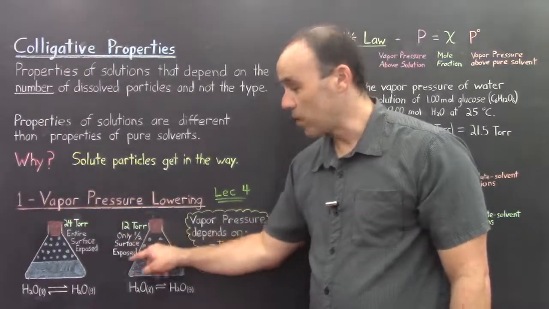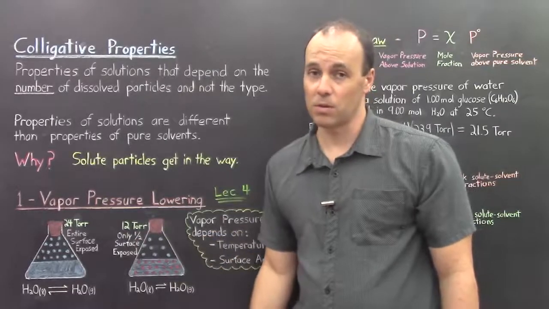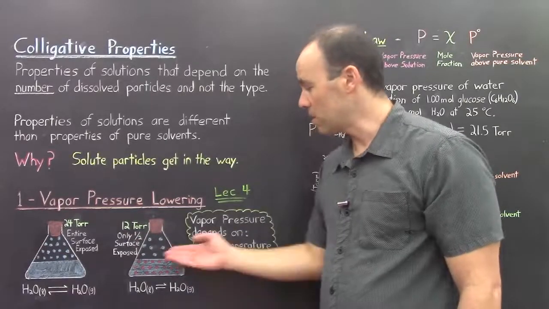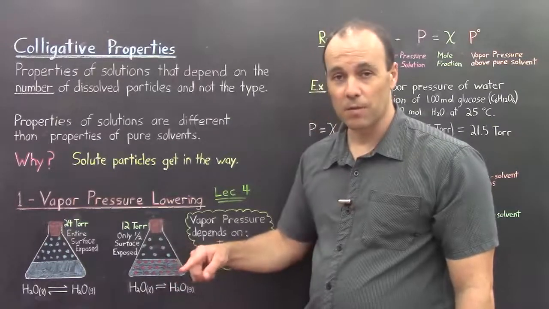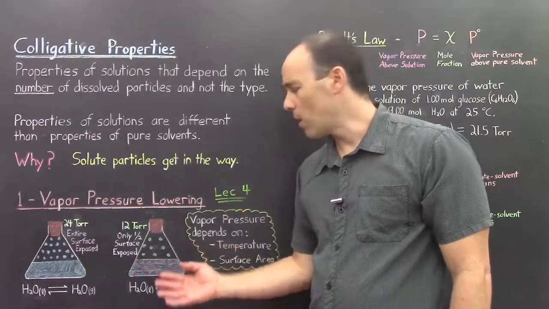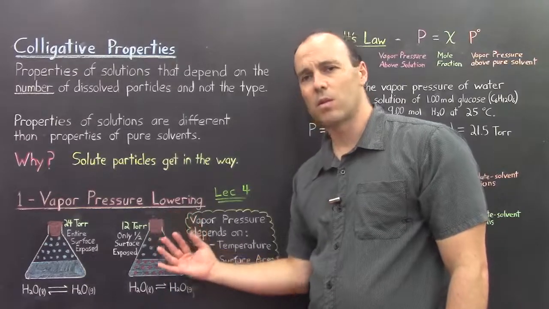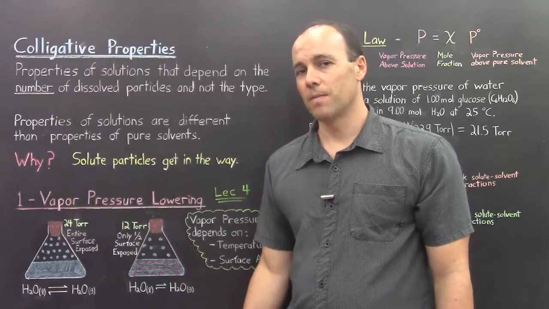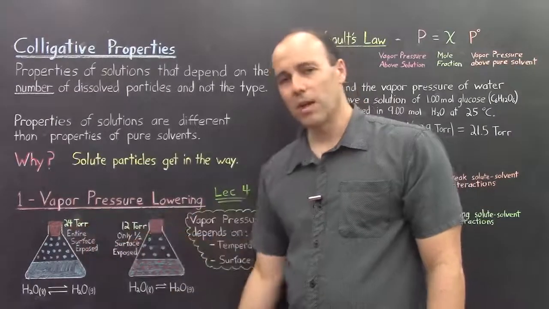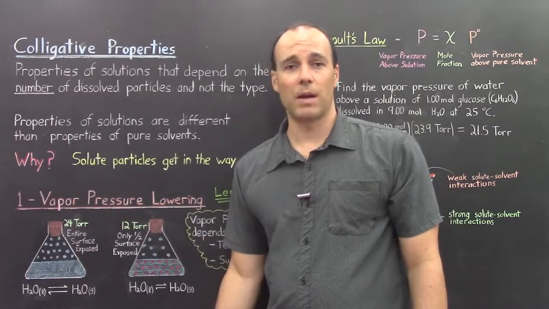That's if 1/2 of the surface is exposed. So if the solute particles are blocking 1/2 of the surface, then the other half, water can freely vaporize, and so you'll only get 1/2 of the vapor pressure. And that's how it works. Now this little relationship can be described by Raoult's law.